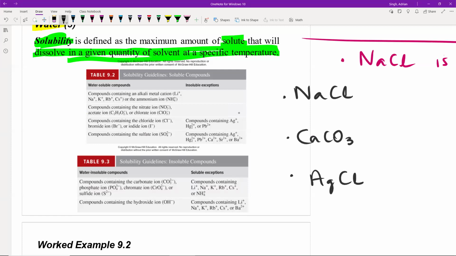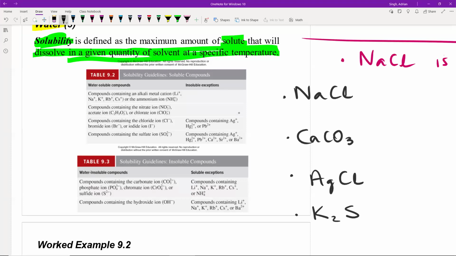And then we'll do potassium sulfide, K2S.